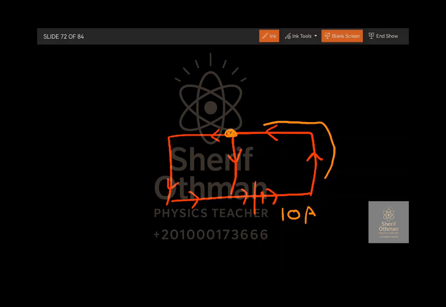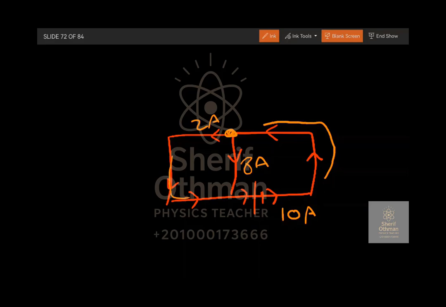At this joint, the 10 amperes will be divided into two parts according to the resistance of each part. The high resistance takes low current and the low resistance takes high current. Let's say that here 2 amperes are going to flow and here 8 amperes are going to flow.